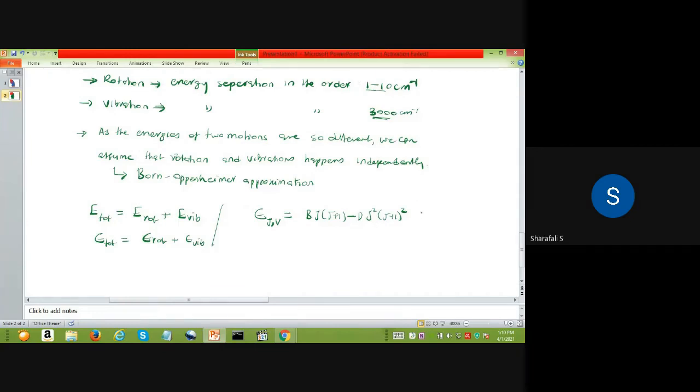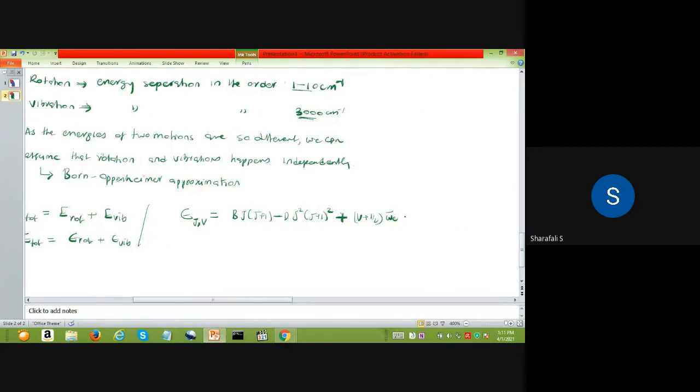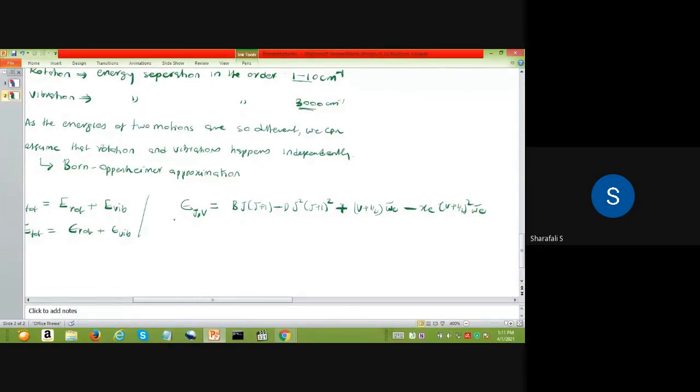This has to be added with the vibrational part, so plus v plus half into omega e bar, minus v plus half square omega e xe bar. So this is the total value of epsilon.